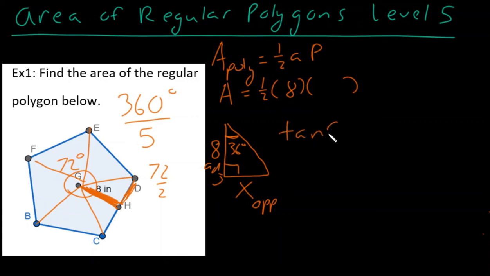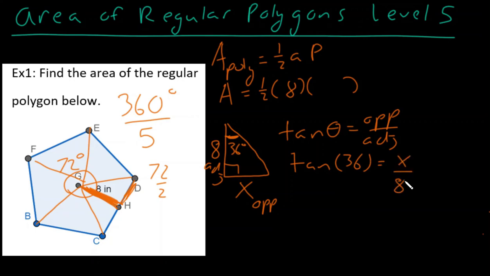So let's write this out. We know that tangent theta is equal to the opposite over the adjacent. And just filling in our information, we have tangent of 36 degrees is equal to x, our opposite, over 8. Now, how do you solve these? Well, we always start the same way, by multiplying by the denominator.